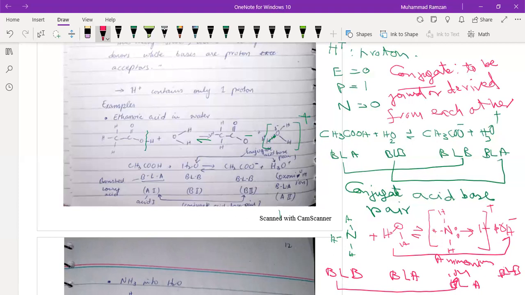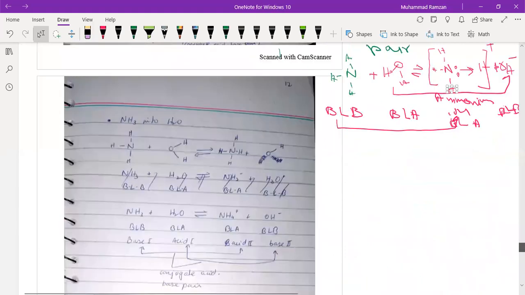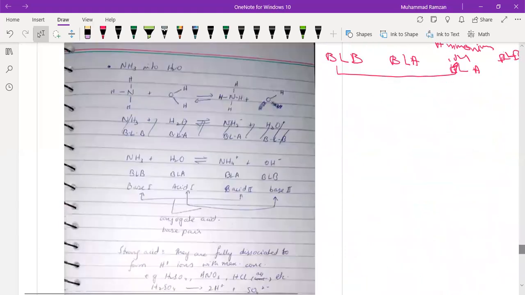Now I show you. Please look, this is what I have shown you on the right side.